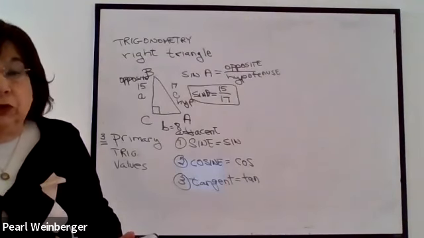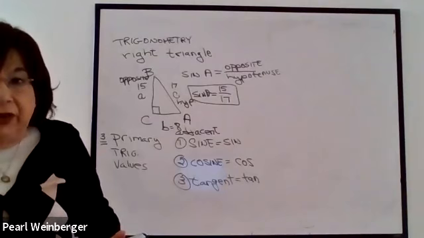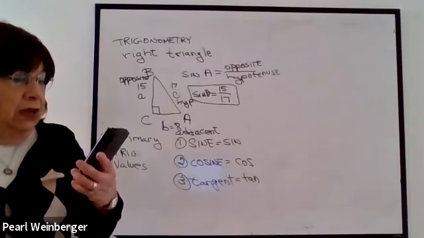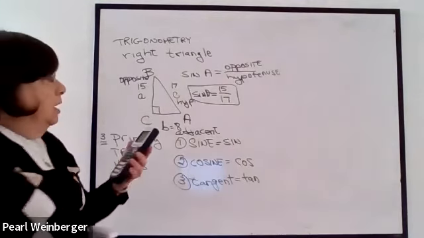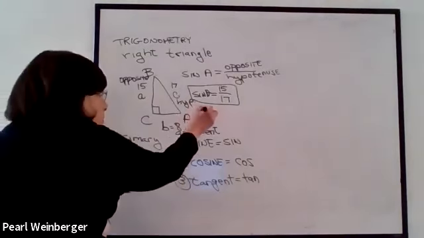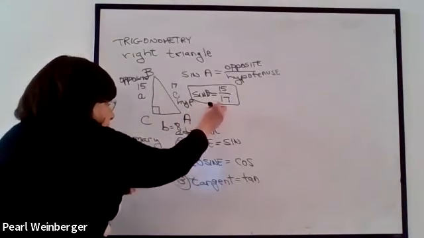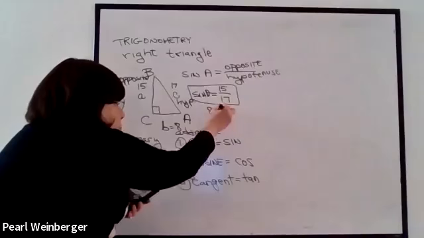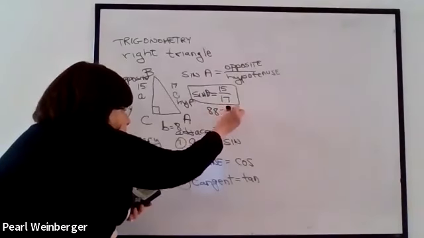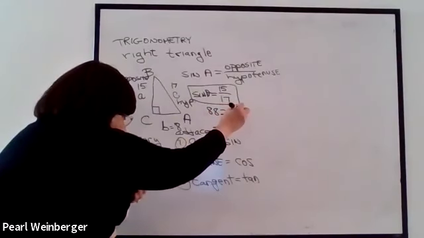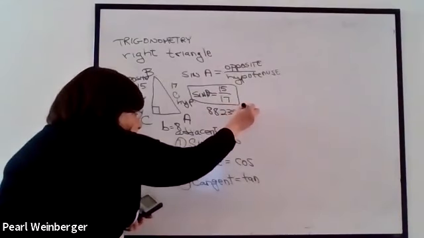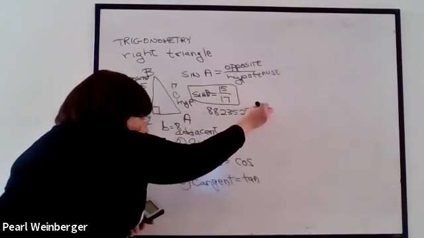Usually what we do is we round the decimal to 3 decimal places. If you did it on your calculator, it came out to be 0.882352941.